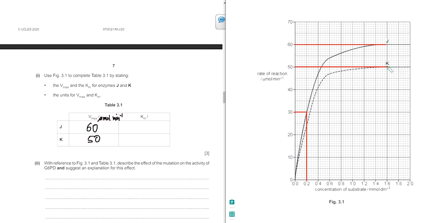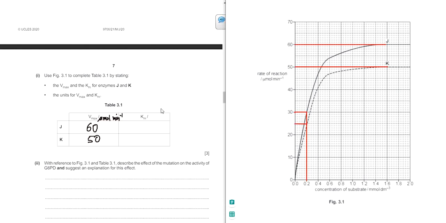We do the same for K. For K, our half Vmax is 25, 50 divided by 2. 25 is here, so we go over and we can see we land on 0.2 substrate concentration as well.